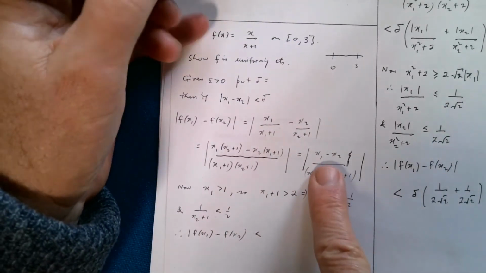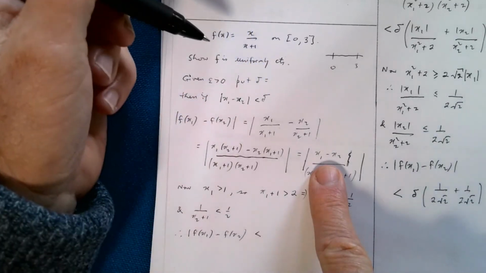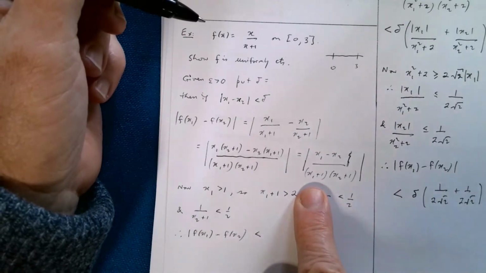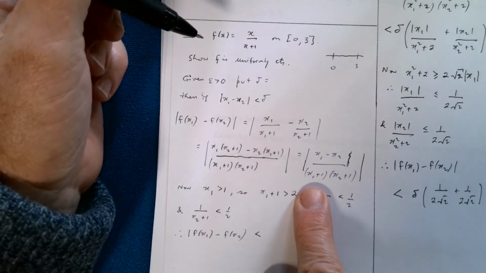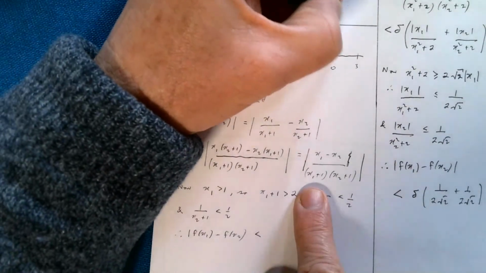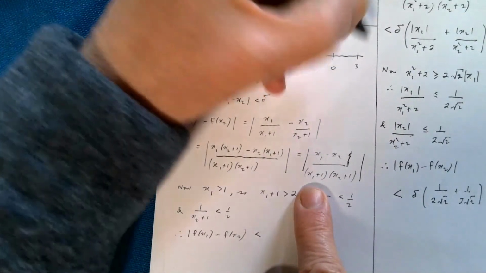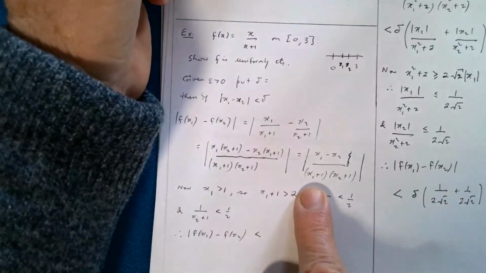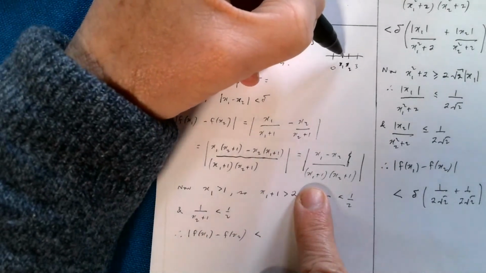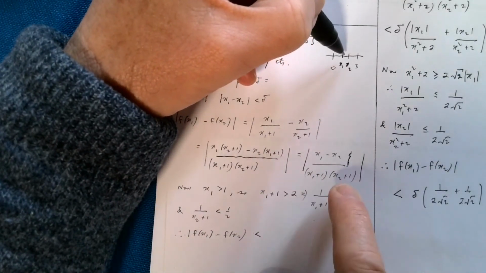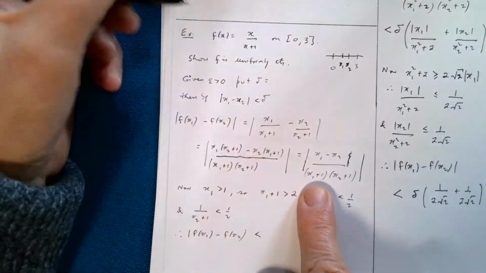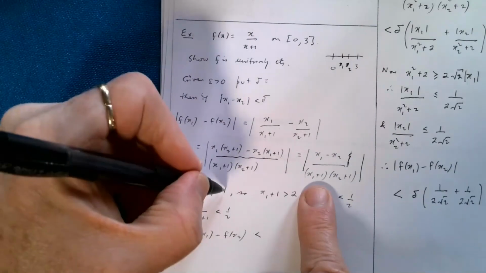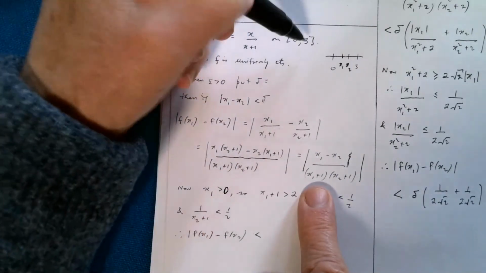Now we know what we can do with the top. The top's less than delta, so that's okay. It's the bottom that's a bit of a pest here, so I'm going to just look at the terms on the bottom. Now we know that our x1 and x2 are somewhere inside this interval. In particular, x1 is bigger than 0, because we're on the interval there.